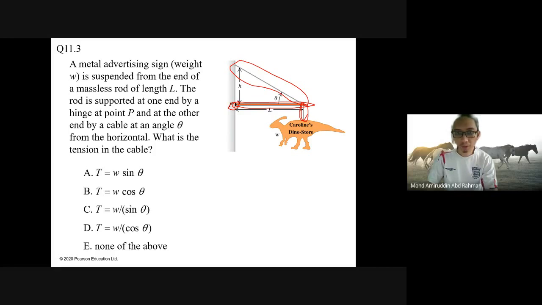Okay, you can check that, right? So you need to find out what is the force acting on that in terms of X and Y. So that's the first rule when you are trying to solve the problem.